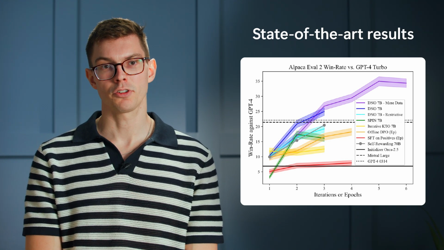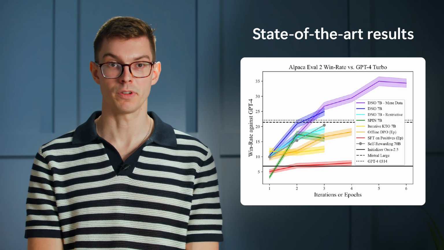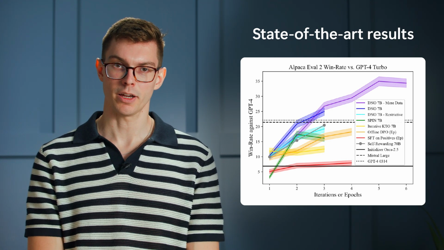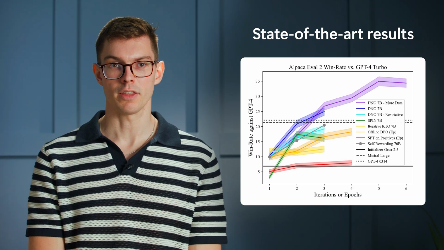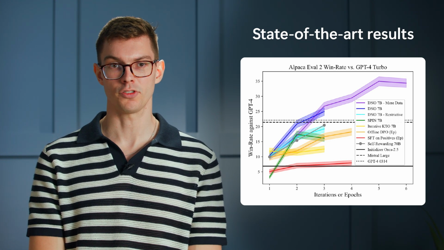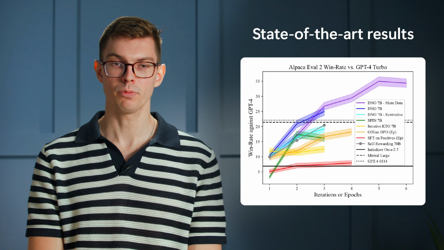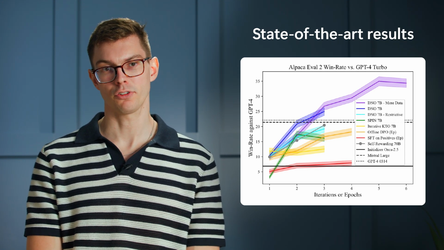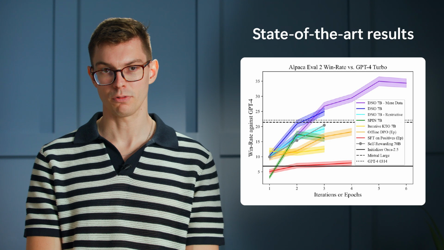We see that the dark blue line which is DNO, the vanilla implementation, outperforms two important baselines. The red line is SFT, and the orange and yellow lines are offline contrastive algorithms, such as DPO and KTO. Hence, we see that self-improving post-training is better than offline contrastive training and SFT.